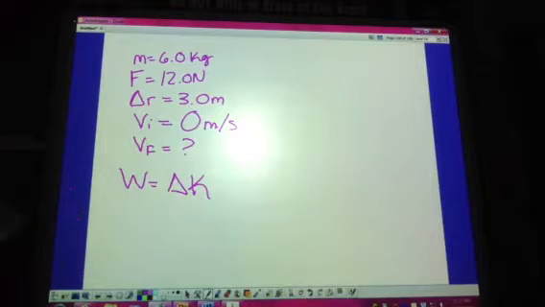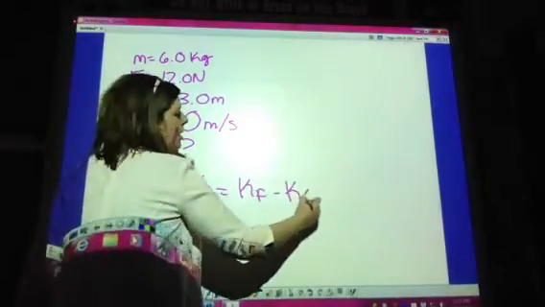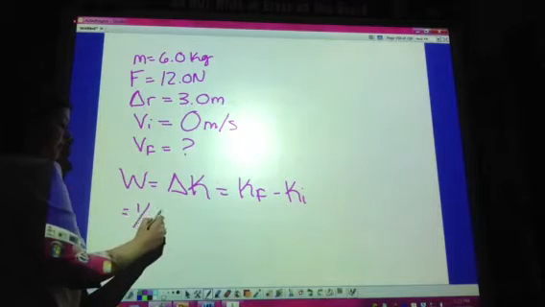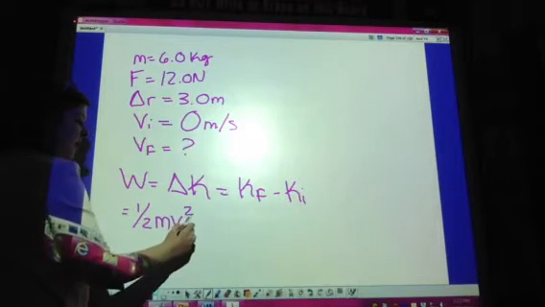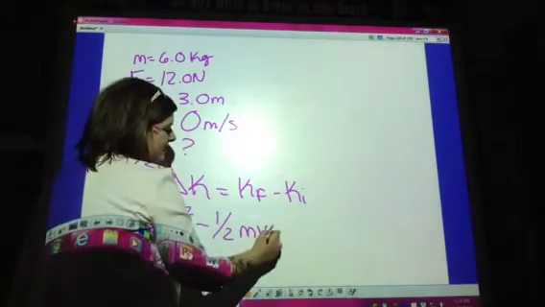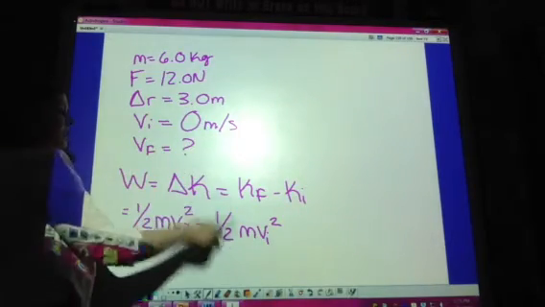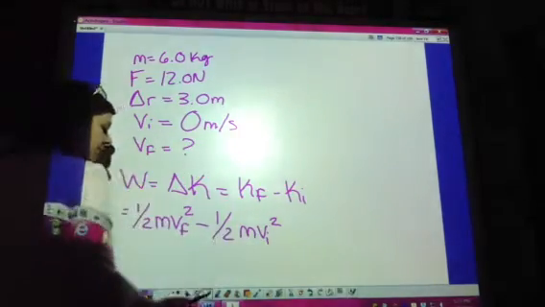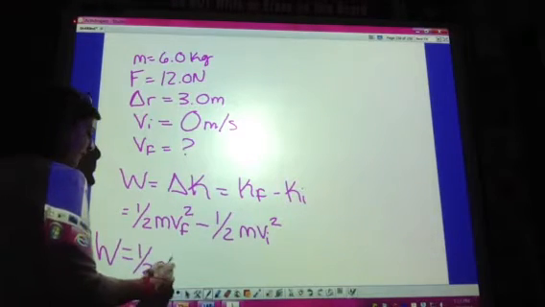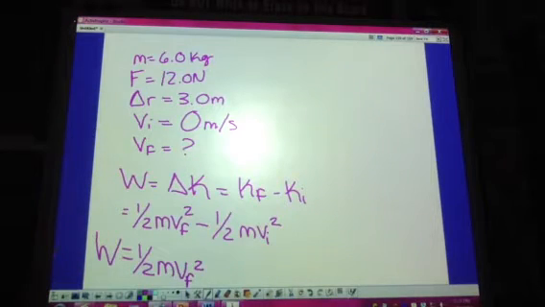That change in kinetic energy is just the final kinetic energy minus the initial, which equals 1/2 m v final squared minus 1/2 m v initial squared. We said that our initial velocity was 0, so that whole second term becomes 0. So really the work is equal to 1/2 m v final squared.